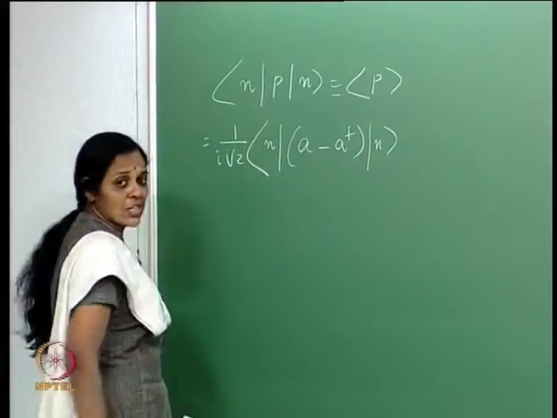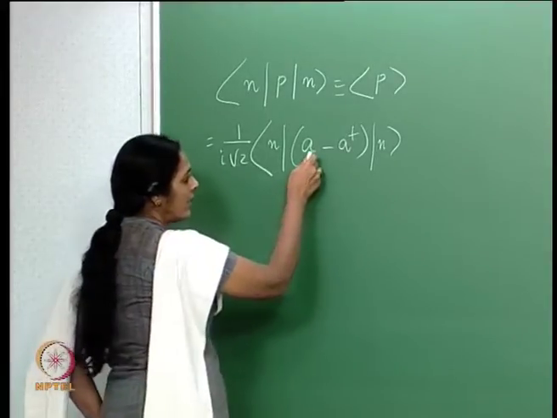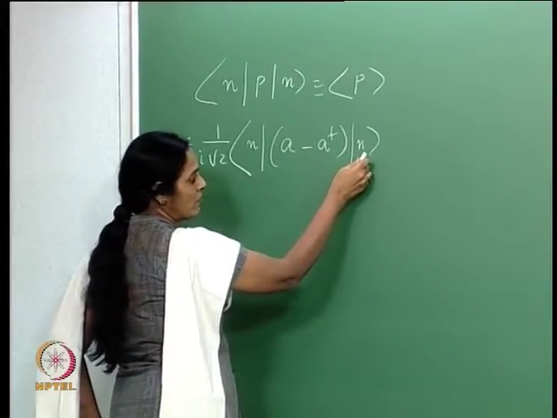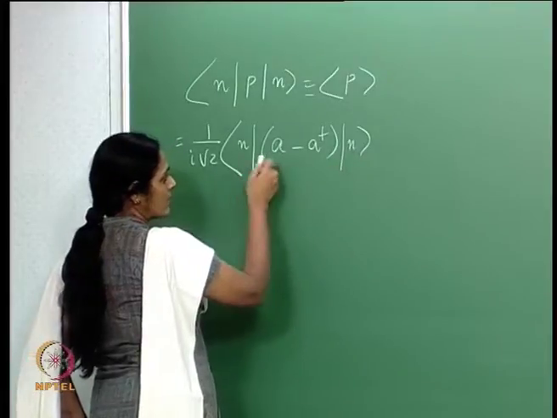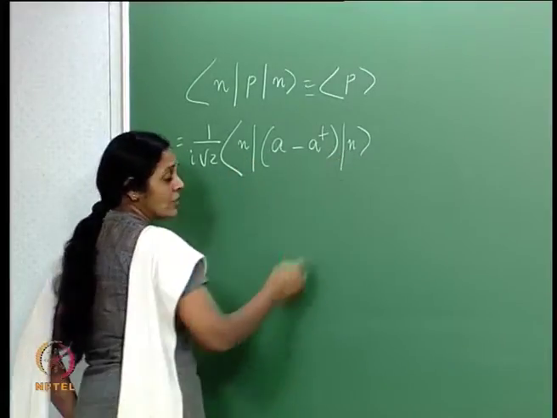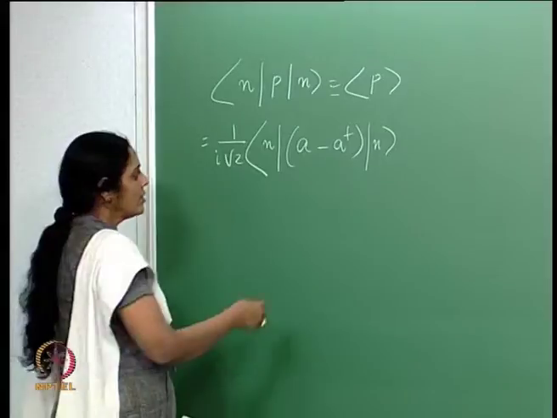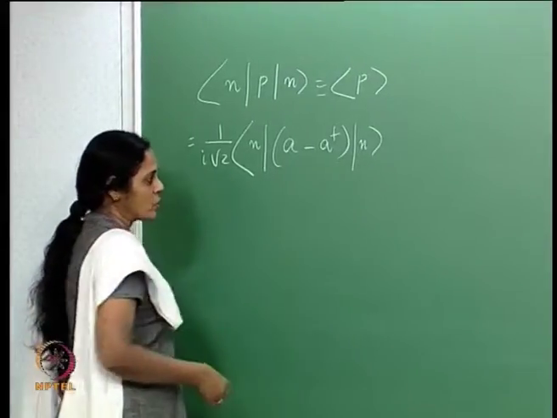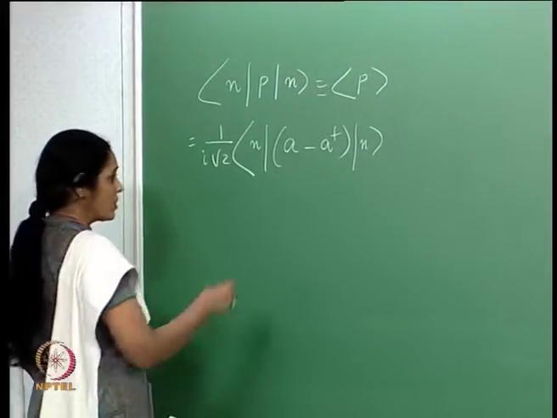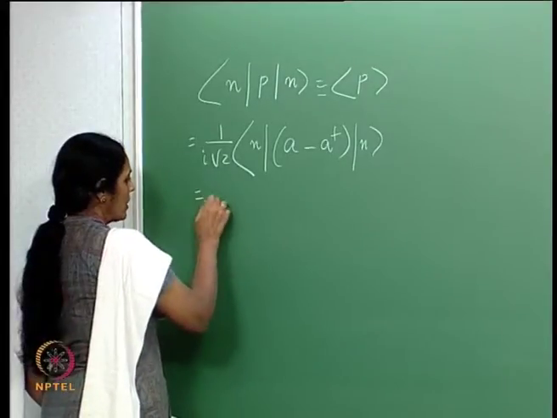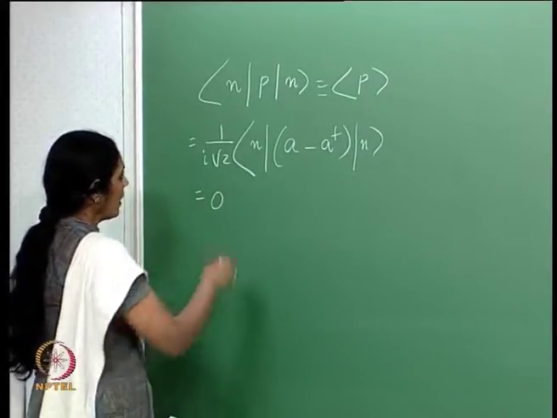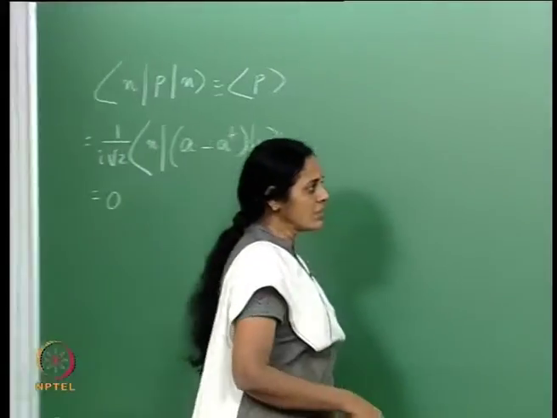Once more I use the same argument. a acts on n to lower it to n minus 1, but ket n is orthogonal to ket n minus 1. Similarly, a dagger raises this to n plus 1, and the second term also is 0, I use the same arguments as I used earlier, and therefore the expectation value of p is 0.